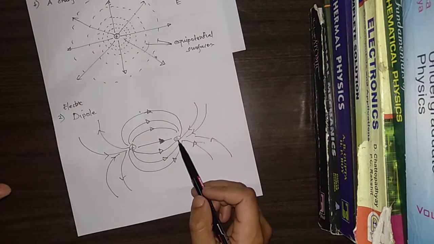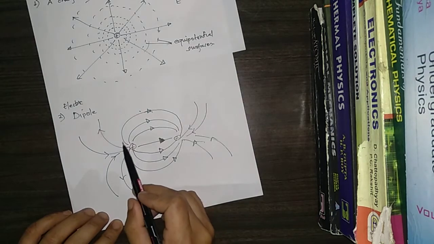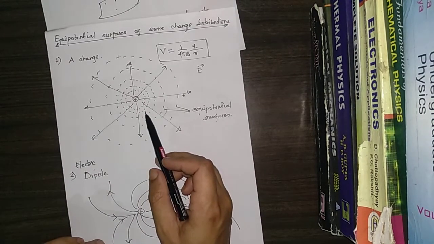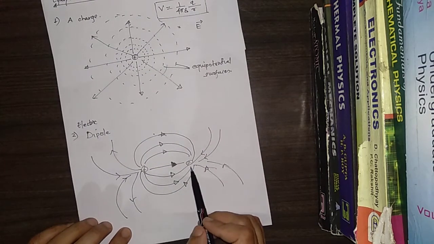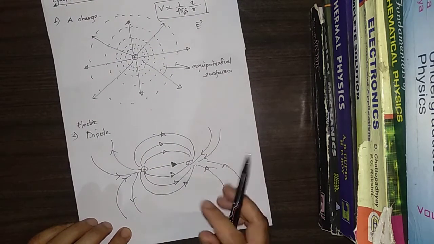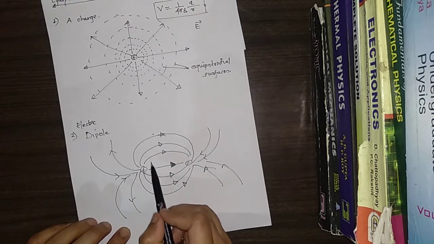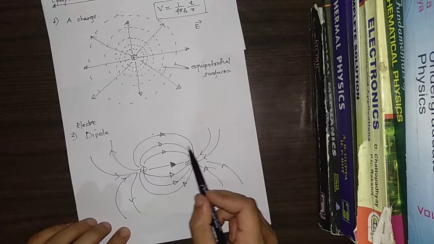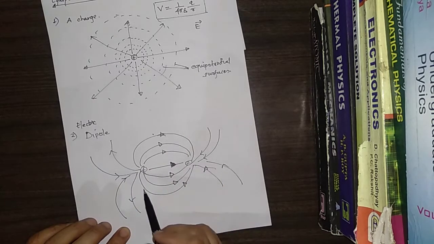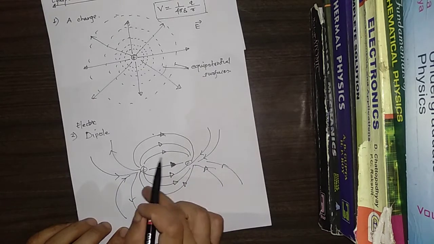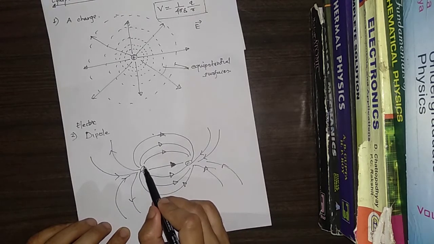That means the equipotential surfaces will not be like before around a positive charge, because they are influenced by the equipotential surfaces of the negative charge. So it is not only a dotted circle around this charge or around that charge, but since it is a positive charge and a negative charge, the equipotential surface of this is attracted by the equipotential surface of that charge. That means it looks like this.